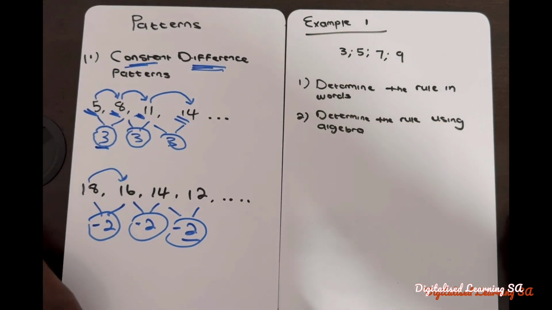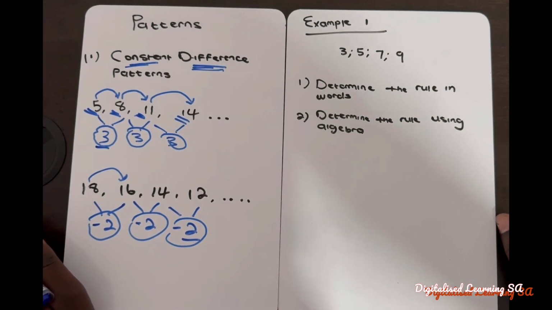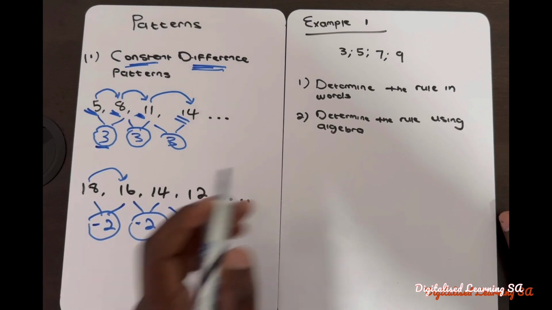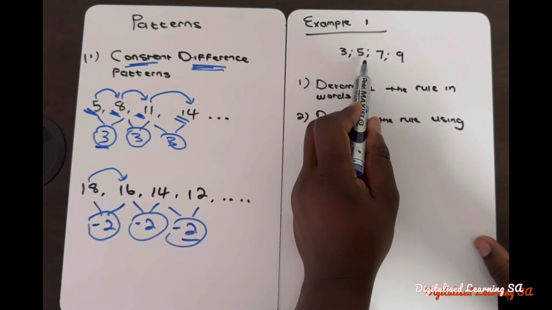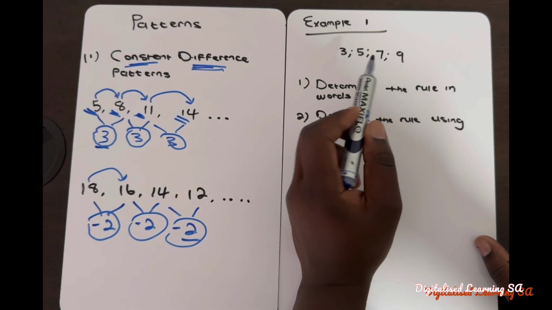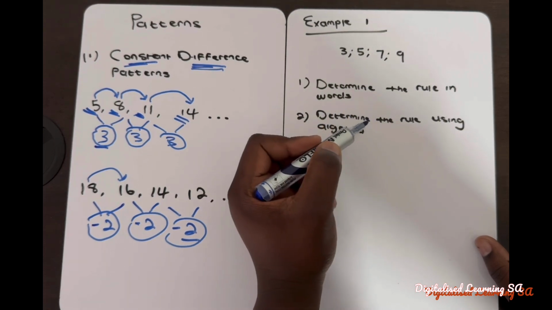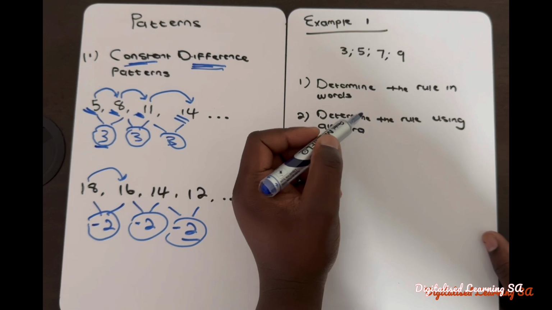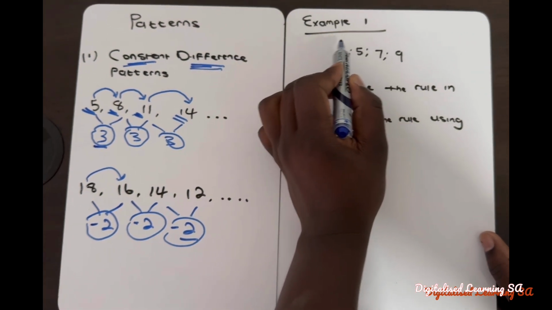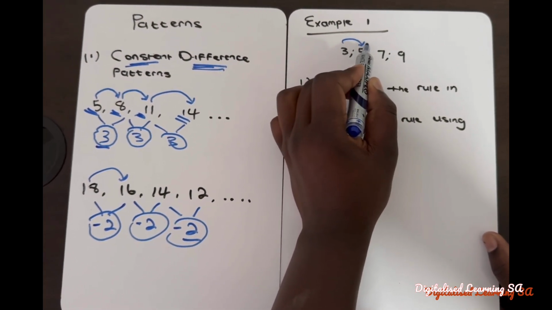And from here, we can work out our first example. Here we are given 3, 5, 7, and 9. The first thing you need to do is find the constant difference, the amount by which these numbers are increasing.